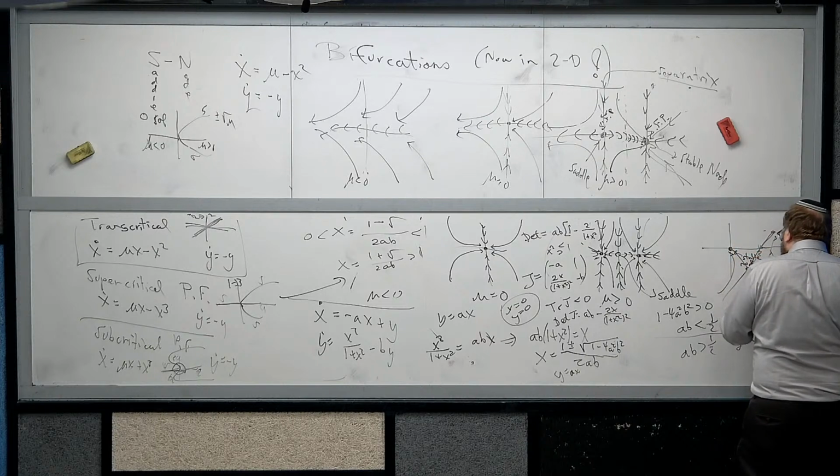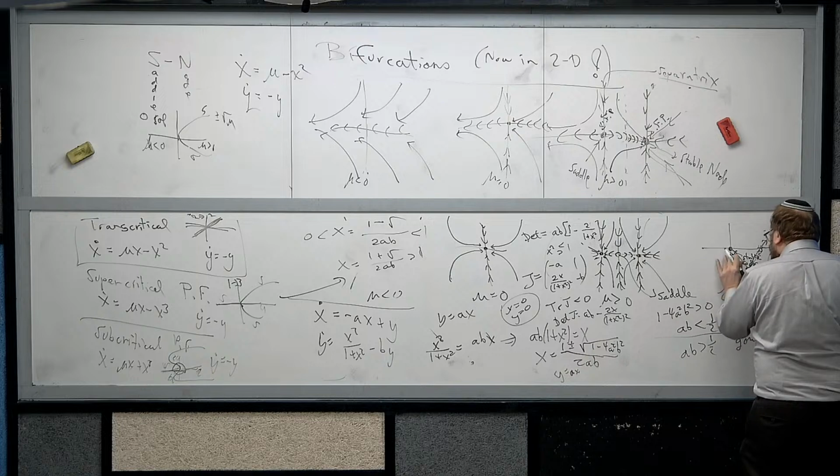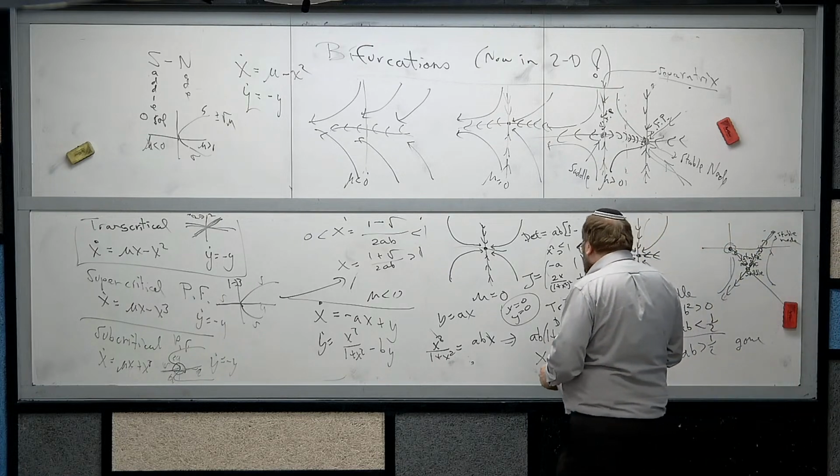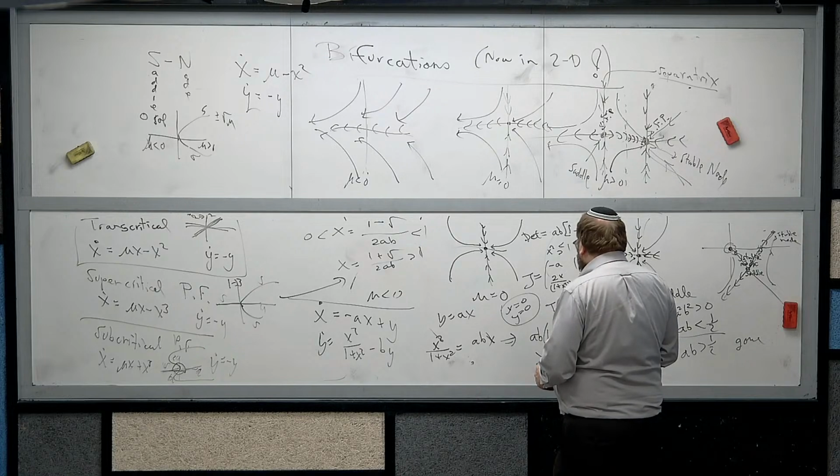This goes in this direction. It's a good question. Let's see, because this is the unstable direction, and this is the stable direction. So I guess so. Therefore, this trace is... what was the trace? It was minus a minus b. The trace was negative.